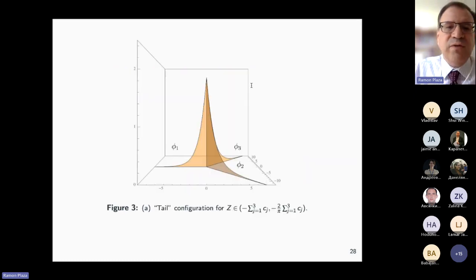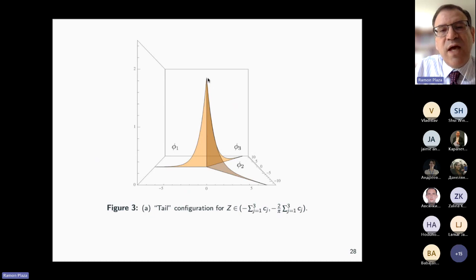Let me show you a picture of this. This is the Y-junction graph. This is the edge E1, from minus infinity to 0, and then the other two positive edges, E2 and E3, from 0 to plus infinity. And then you have these kinks that go down.